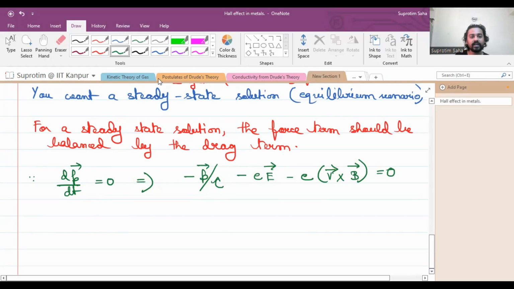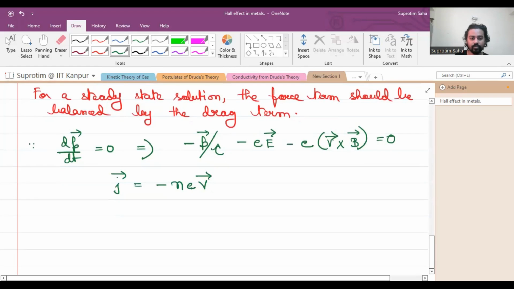So now the form of current density: current density is minus nev. It's also minus neP vector over m.